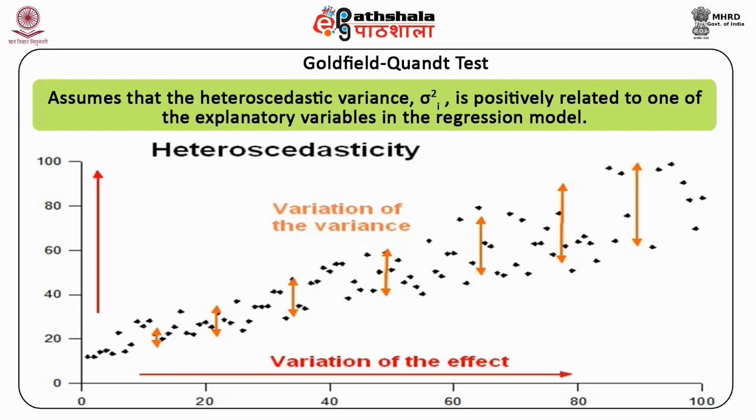In the last step, reject the null hypothesis that all the variances sigma i square are equal, that is homoscedastic, if f is greater than f critical, where f critical is found in the table of f distribution for n minus c minus 2k divided by 2 degrees of freedom, and for a predetermined level of significance alpha.